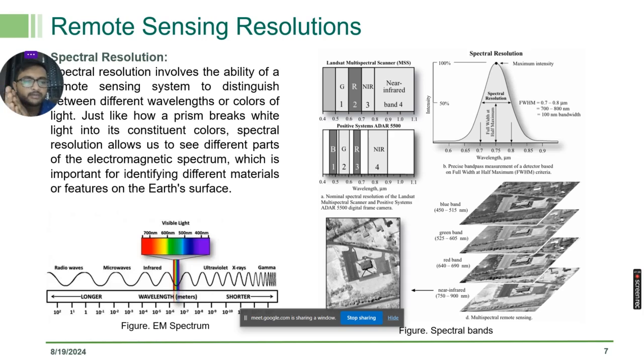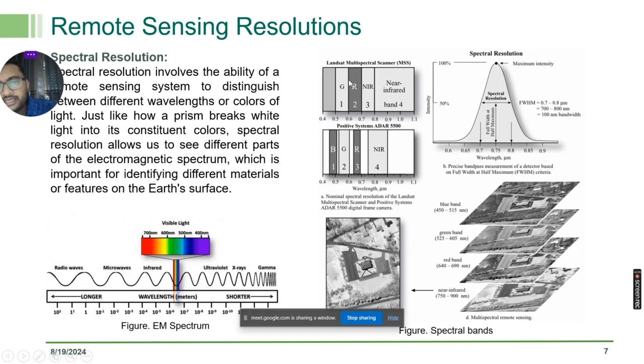But what about the other wavelengths in the EM spectrum, like infrared, microwave, radio? We will put each light on the leaf, measure the response we get back from the leaf, and then generate one curve, which is known as a spectral reflectance curve. Now, how many bands we are presenting in the satellite data, that is your spectral resolution.